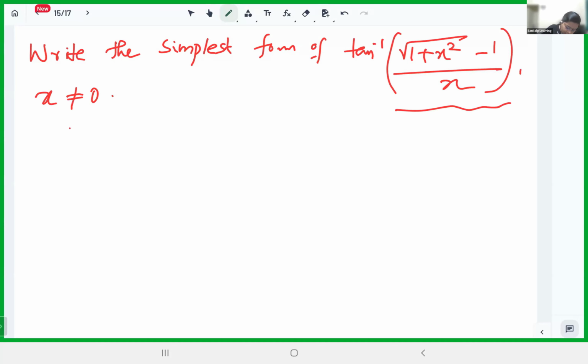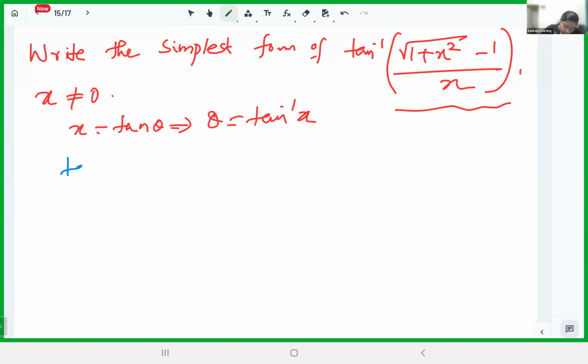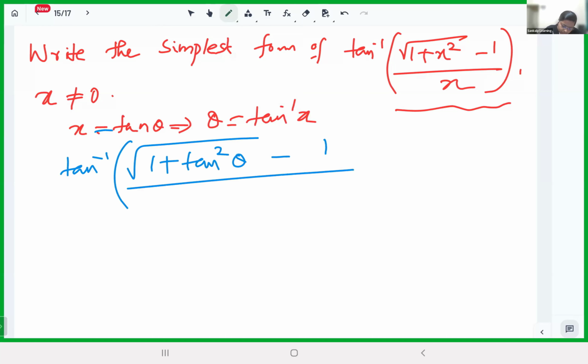So here I am going to take x equal to tan theta. From this, you get theta is equal to tan inverse x. So tan inverse of root of 1 plus x square. X is tan theta, so x square is tan square theta. Tan square theta minus 1 by tan theta. 1 plus tan square theta is sec square theta.